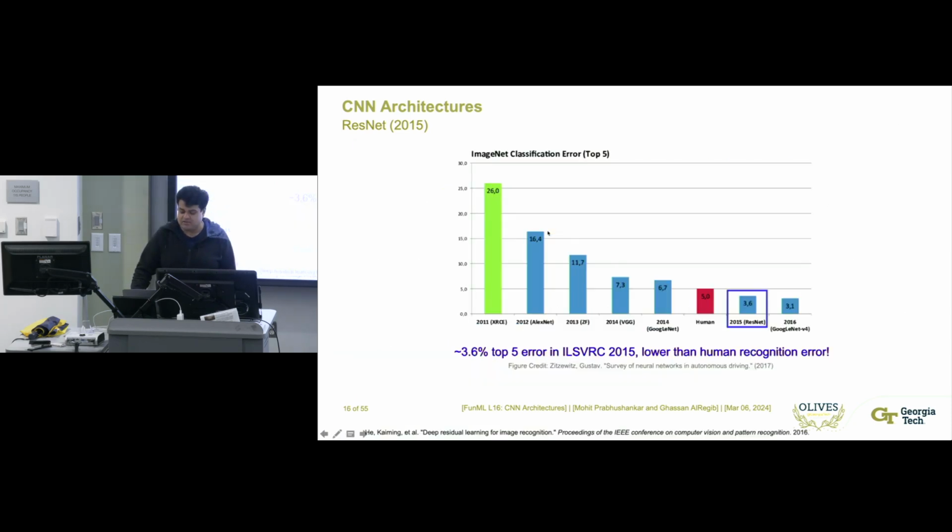One of the main reasons for that is that ResNet was the first architecture which beat human performance on the ImageNet dataset. Let's talk about what that means. We saw last time that ImageNet was about 1.2 million images with about 150,000 test images.